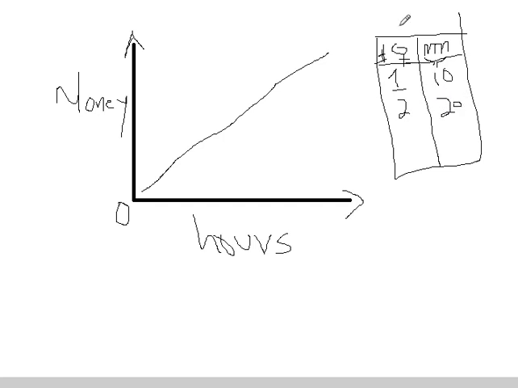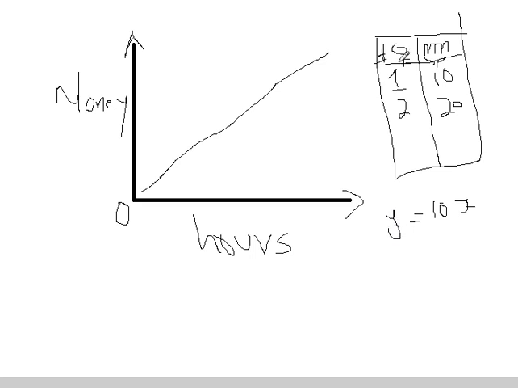Just looking at this, we can find a relation. We will call the number of people x, and then if I multiply this x with a constant, let's say 10, I get another variable y.